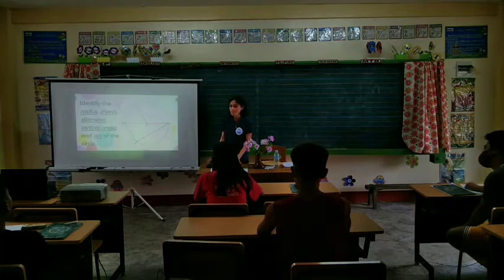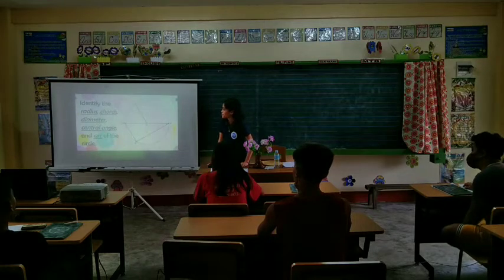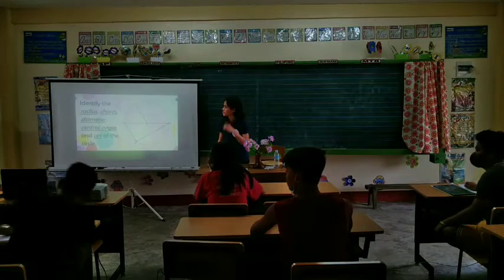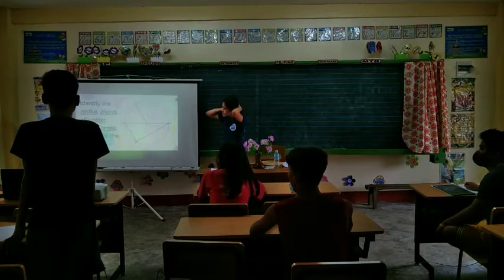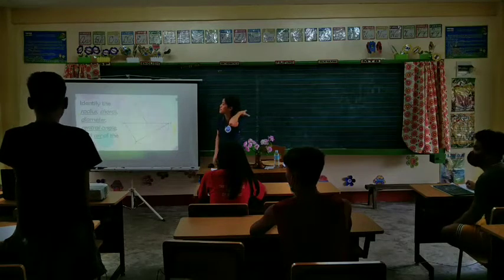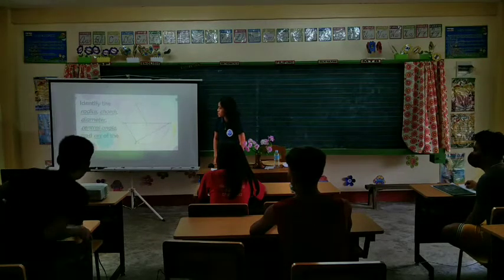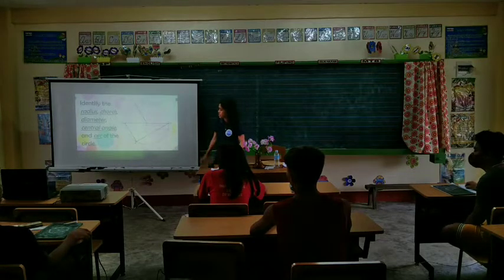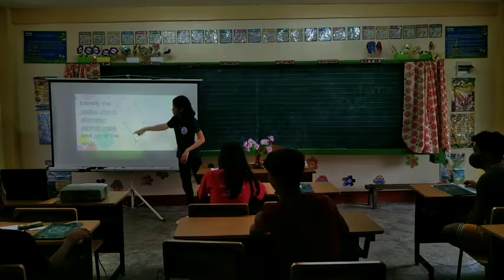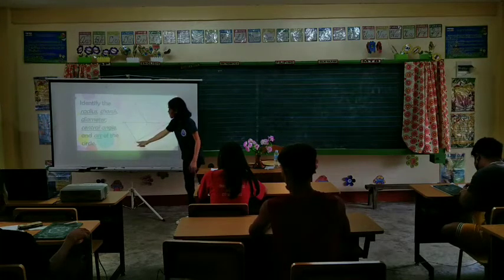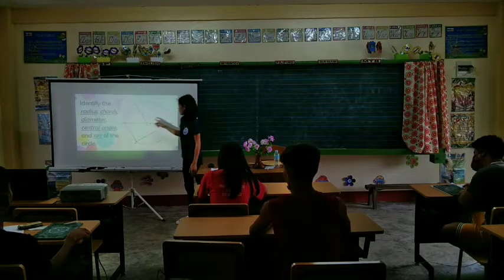So we have 3 radii here. Next, we have the chords. Anyone identify the chords? Yes, Siron. Segment MQ, NQ, and MN. Very good. So we have the chords: segment MQ, NQ, and MN.